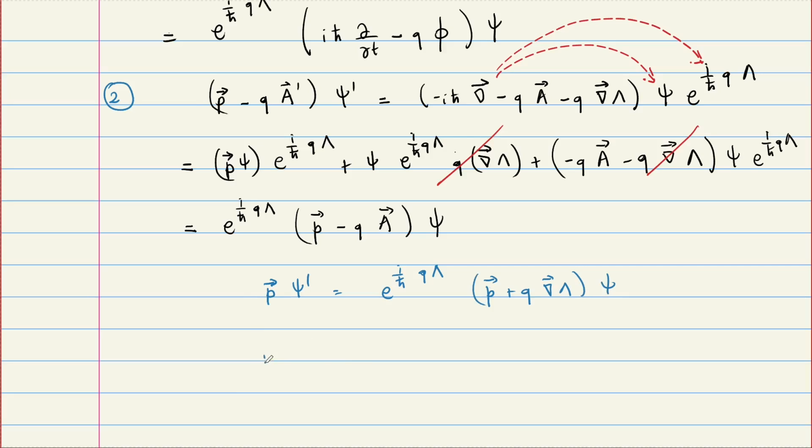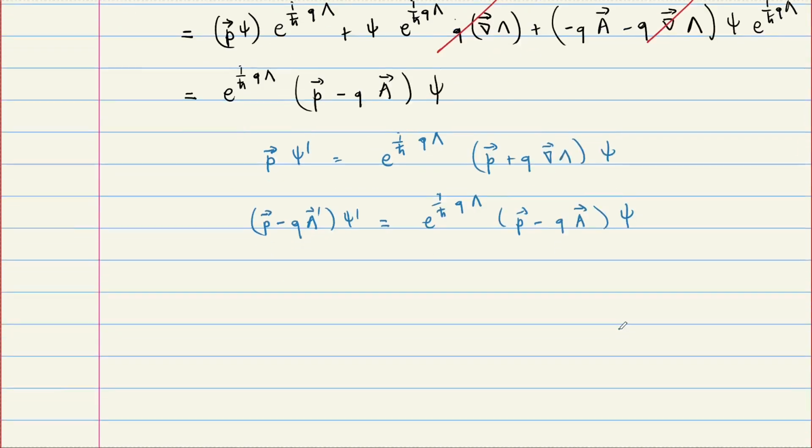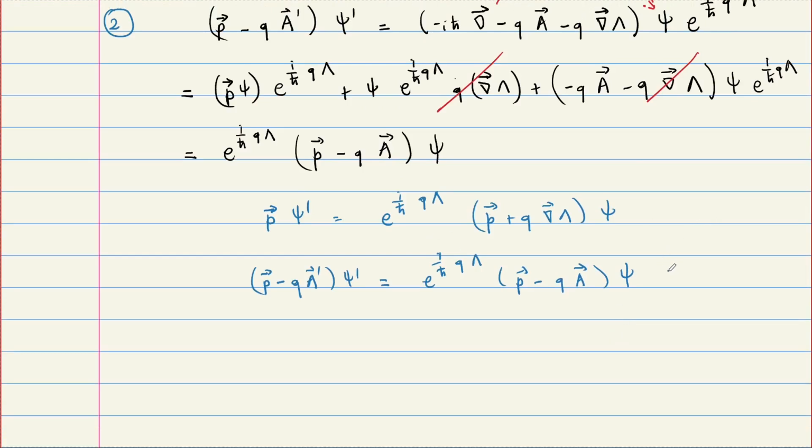Whereas if we apply p minus q a prime to psi prime, so this is the mechanical momenta in the primed gauge choice, this is going to be equal to e to the i over h bar q lambda p minus q a times psi.